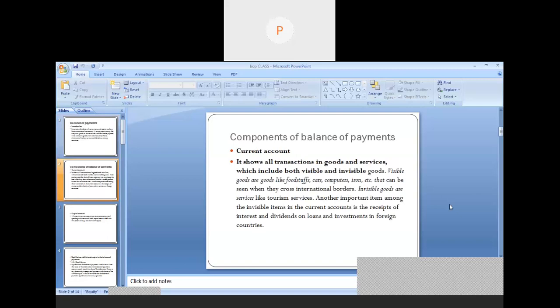Visible goods are goods like foodstuffs, cars, computers, iron, that can be seen when they cross the international borders. Invisible goods are those like services, such as tourism services, or other important items. Among the invisible items in the current account is the receipt of interest and dividends on loans and investments in foreign countries.